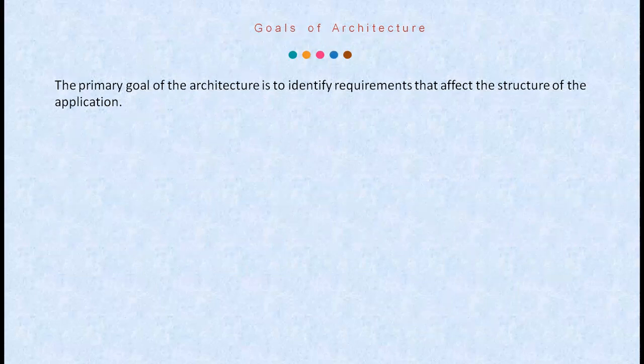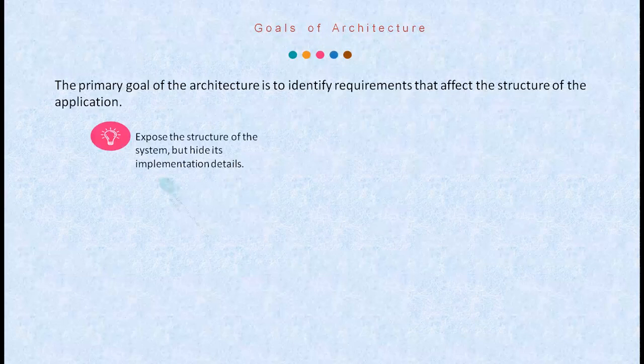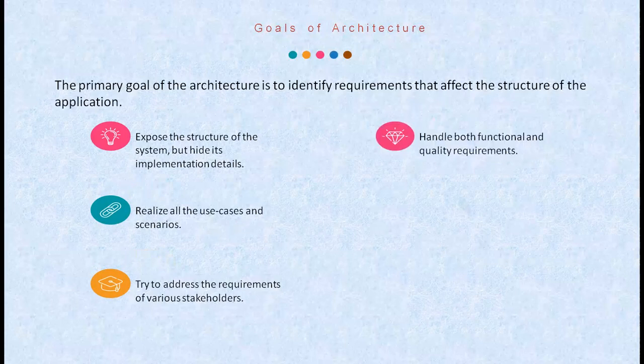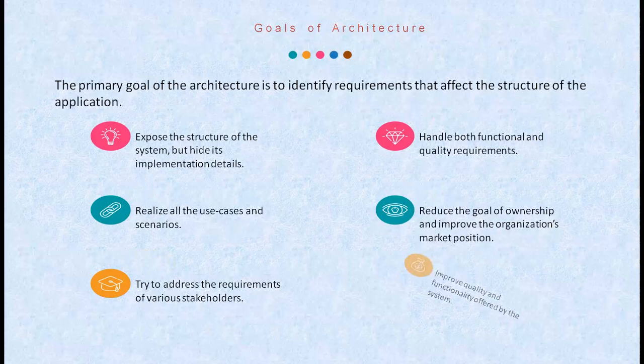Some of the goals are to expose the structure of the system but hide its implementation, realize all the use cases and scenarios, address the requirements of various stakeholders, handle both functional and quality requirements, reduce the cost of ownership and improve the organization's market position, and improve quality and functions offered by the system.